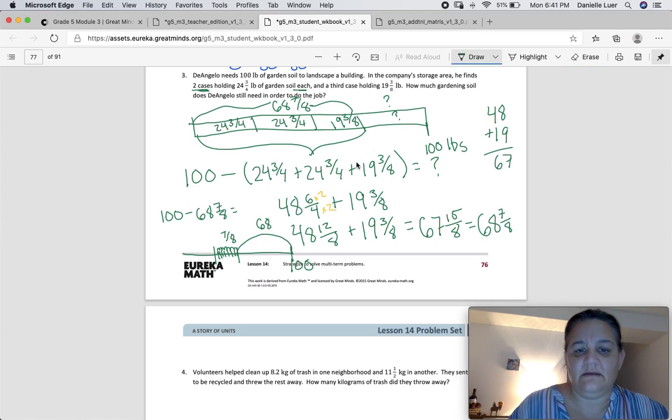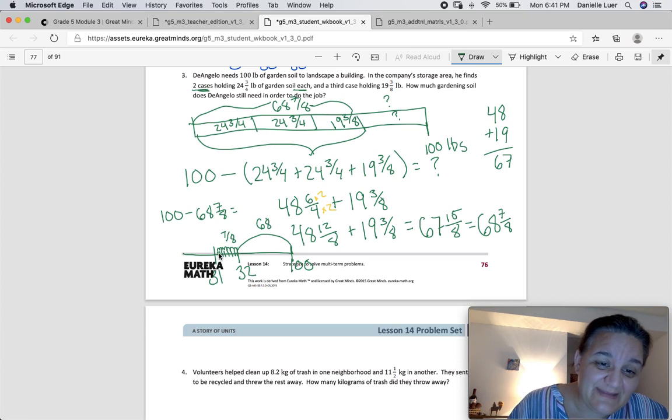Okay. So 100 minus 68 is, let's see, 32, right? 32 plus 30, yep, 70, 80, 90, 100, okay. And then I have to subtract, so this is 31, and this is my answer there, so it's 31 and 1/8.